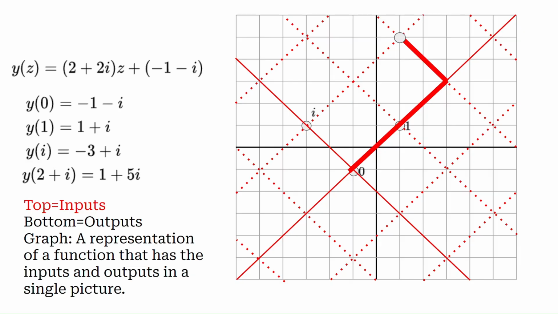Similar to how in the real case, where horizontal lines and vertical lines are inputs and outputs, respectively, this top grid represents our input space and the bottom grid represents the output space. And so if I want to see where a plus ib is mapped to, I walk along the top grid along the real axis by a, and then the imaginary axis by b. And then I see where I am on the bottom grid.